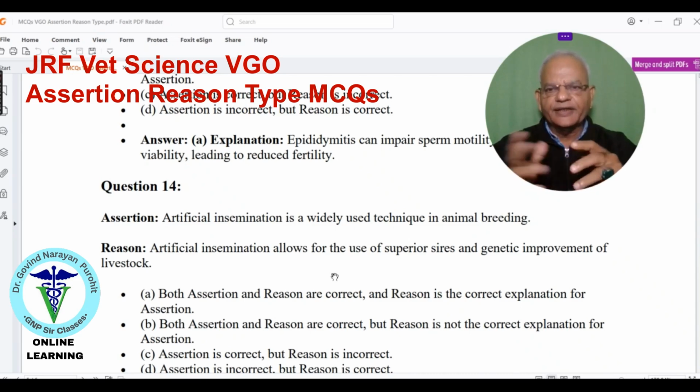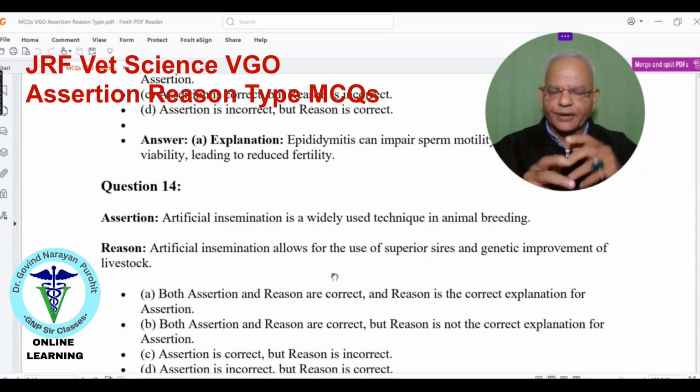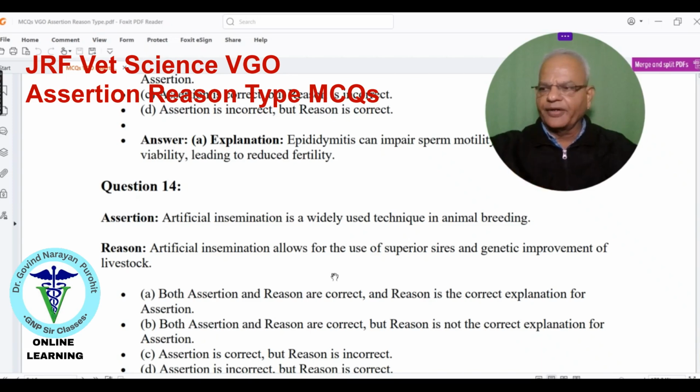Then the antibiotics kill the Campylobacter even if they are present. Both Campylobacter and Trichomonas can survive minus 196 degrees centigrade temperature of the liquid nitrogen. But the antibiotics kill the Campylobacter, right?